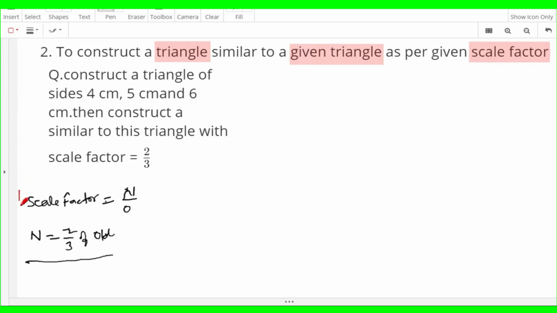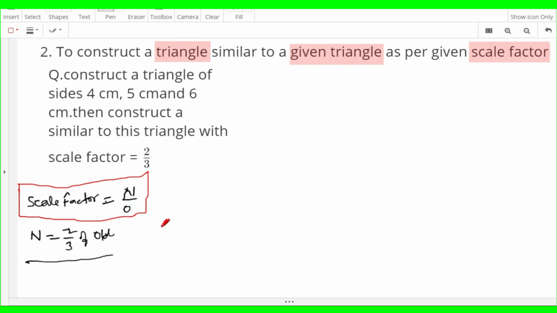The scale factor is simply the ratio of the sides of the new triangle to the original triangle, and that will be 2/3. So if you take this side, the new side will be 2/3 times the original side. In this question, the value of n by o, this value given, is 2/3. So we will take the help of this.